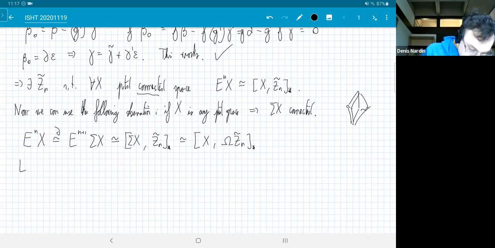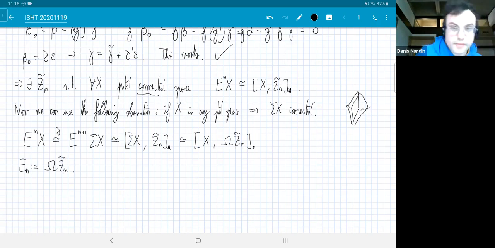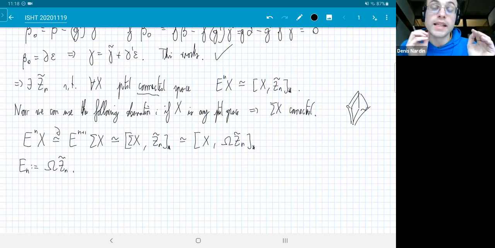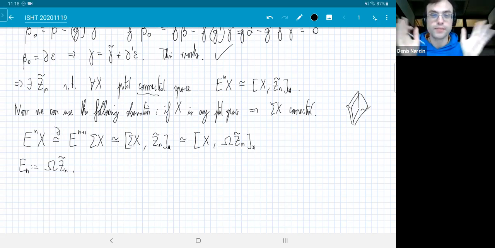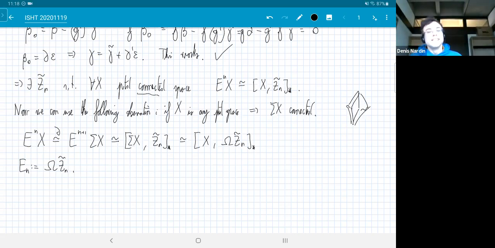Now we can just let the space En be omega Zn tilde. So remember, our Zn tilde were built so that they were always connected, because they were built in the category of connected spaces. But the representing space in general, of course, won't be. But that's not a problem, because the loop space of a connected space can be whatever, as we will see. Okay, not whatever, but as we will see, it can definitely be not connected.